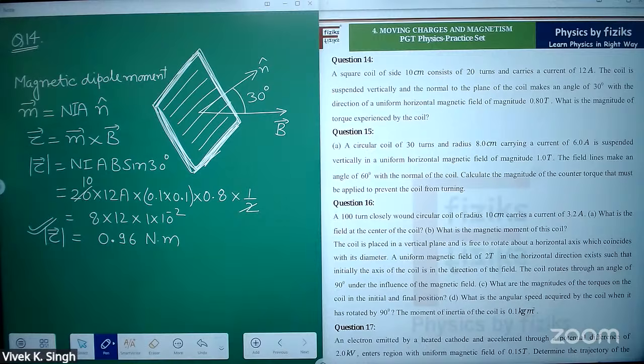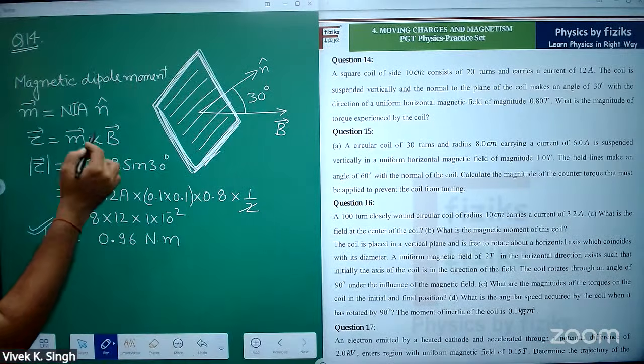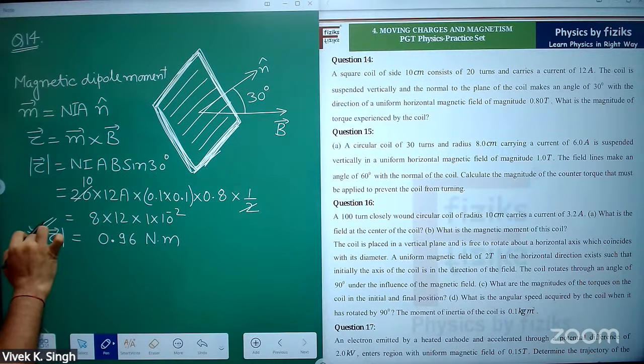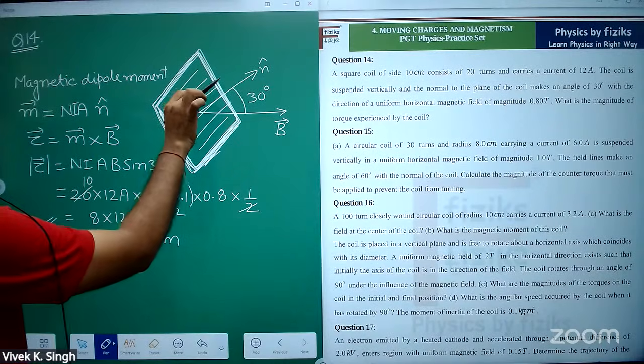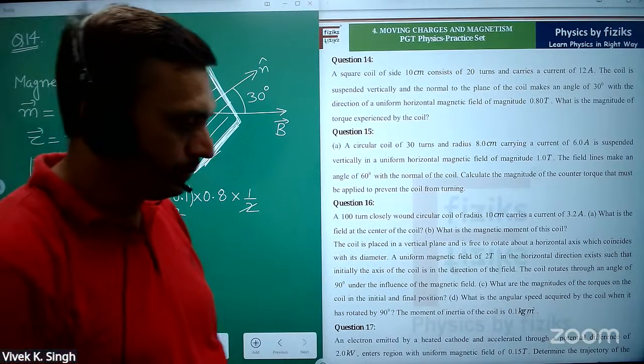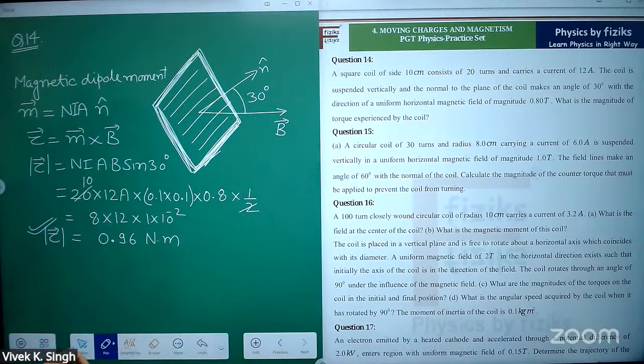So torque is 0.96 Newton meter. When a magnetic dipole is placed in an external field, it will experience torque and it will try to align in the field direction. So the magnitude of torque is this value. ठीक है?